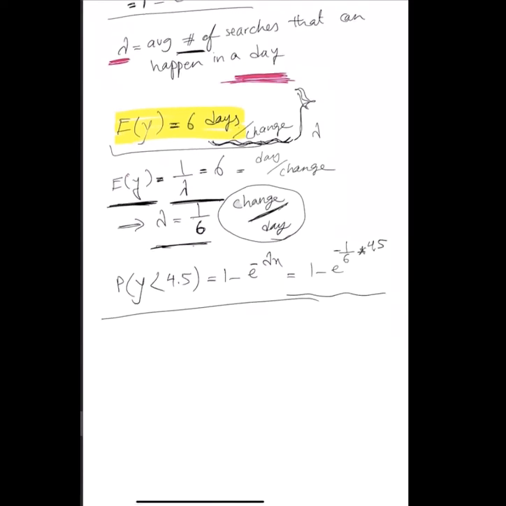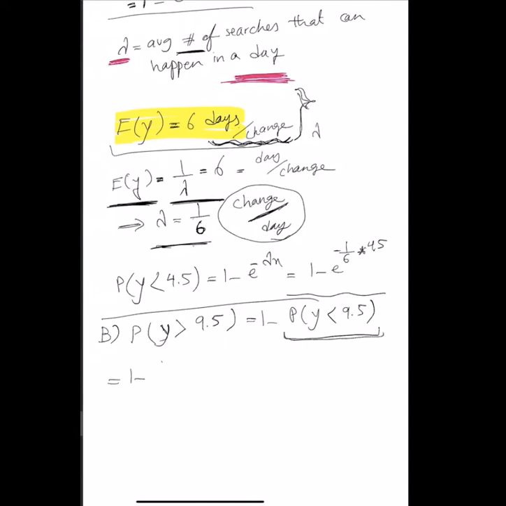Part B says, what is the probability that the time till next change is greater than 9.5 days? I can write this as 1 minus the probability of y less than 9.5 days. I know how to calculate this, like what we just calculated on the top.